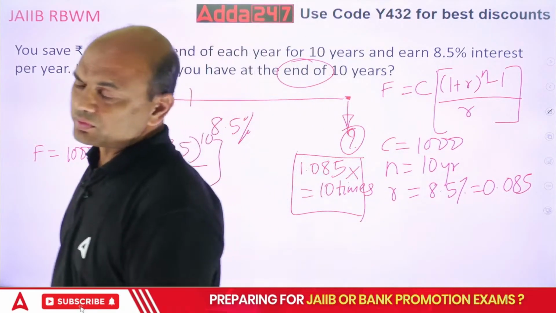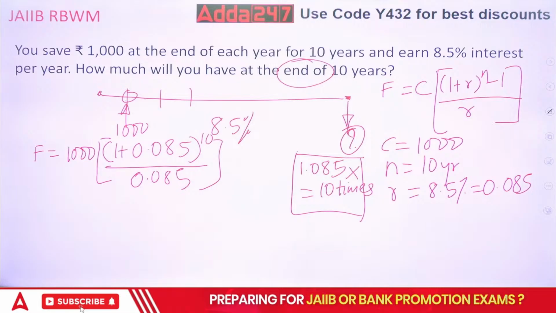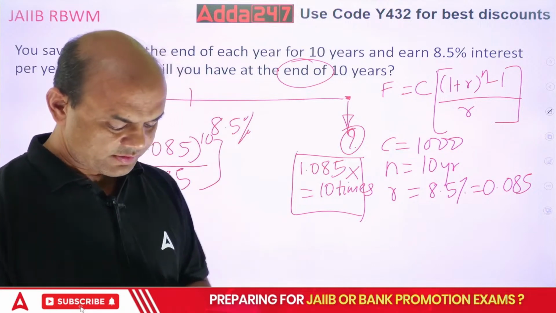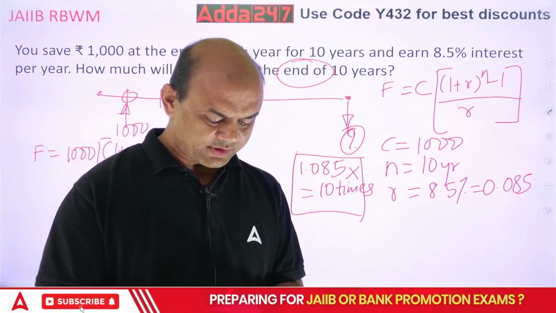You are not allowed to use scientific calcis in your exam. So you'll have to do the practice on commercial calcis only. Okay? So now let's try this. Everyone try it. Let me also try it over here.